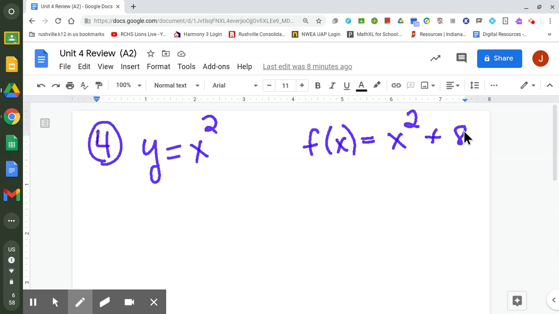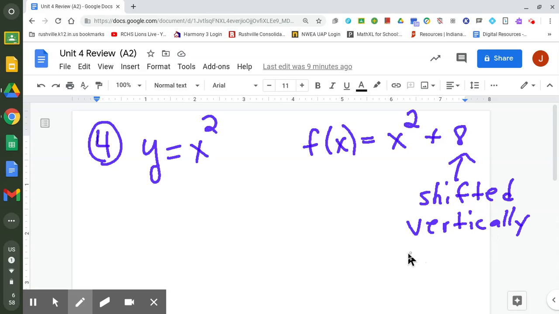What this means is this 8 means that the graph has shifted vertically up 8. So when you're asked to describe the transformation, it should be worded something like this: shifted vertically up 8, shifted up 8, something like that.